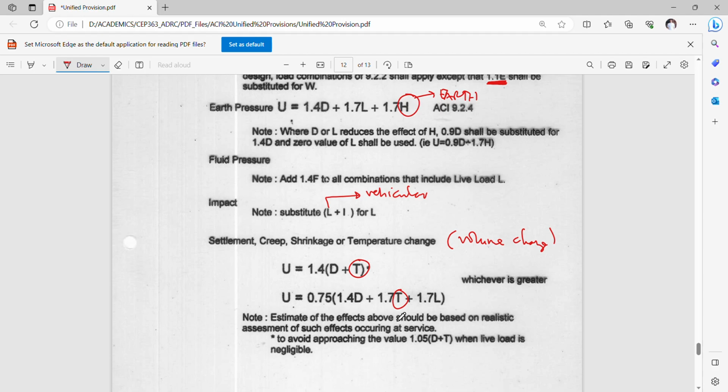Okay, the estimated impacts above should be based on a holistic assessment of such effect during service. So to avoid approaching the value of 1.05D plus live load is negligible. Okay, so this is the reason why there's an asterisk here. Okay, so that's it for 99.